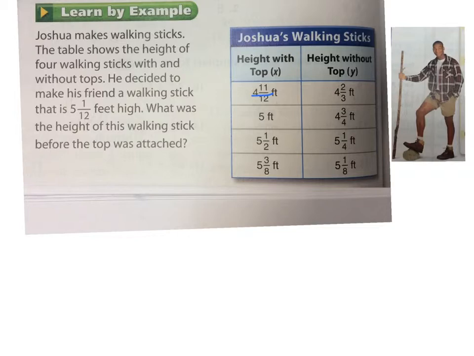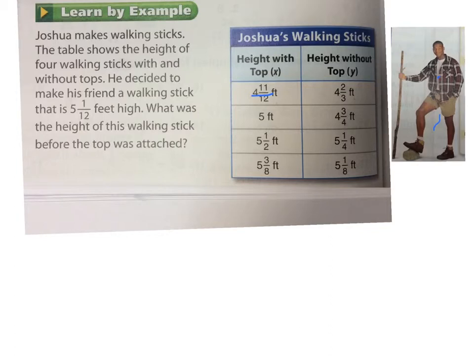Let me erase it. Okay, so here's Joshua with his walking stick, right? You see him? He makes walking sticks. This table shows the height of 4 walking sticks with and without tops. He decided to make his friend a walking stick that is 4 1/12 feet high.